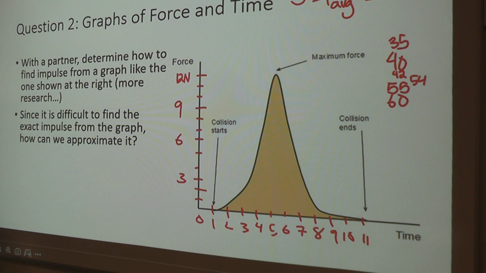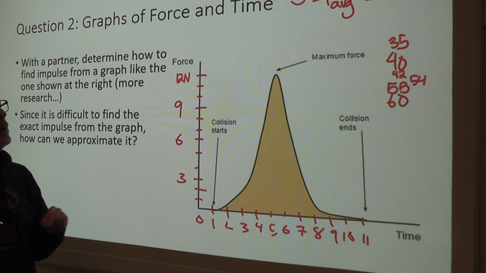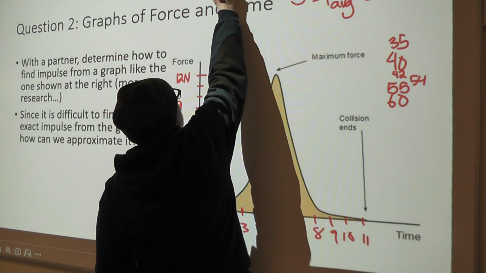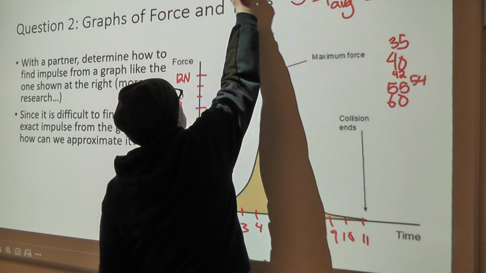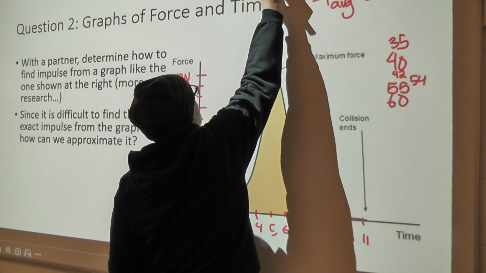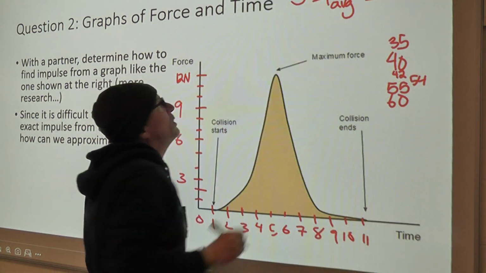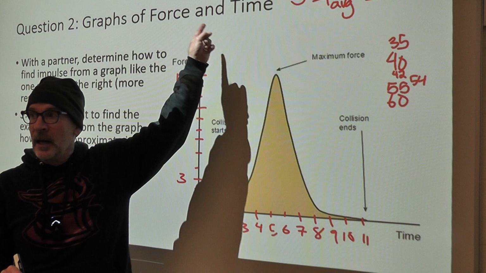So what's another way we could do this? Do you remember when we were looking at velocity versus time graphs, and we recognized that average velocity times time would tell us displacement? Displacement is equal to average velocity times the amount of time that goes by. Look at the similarity there.